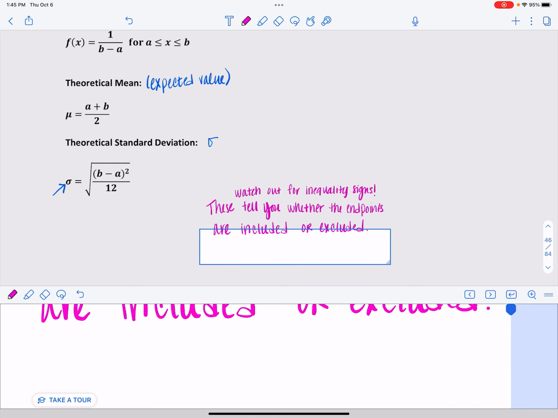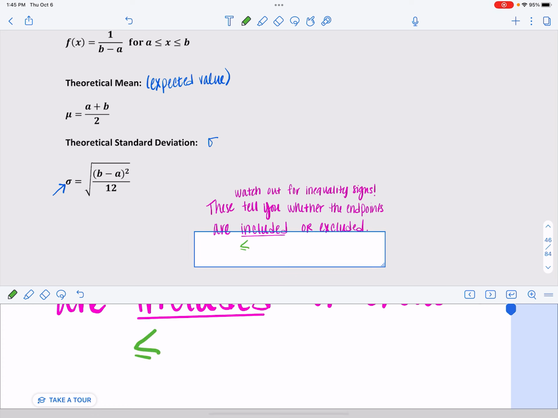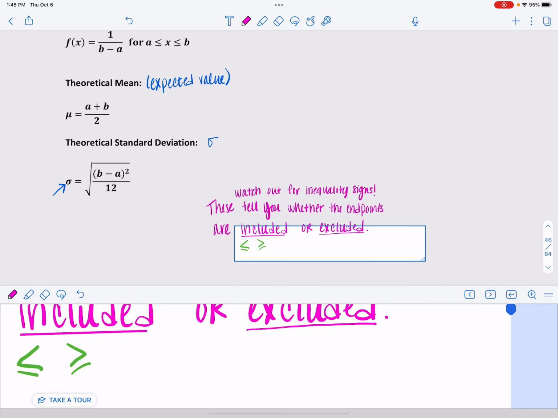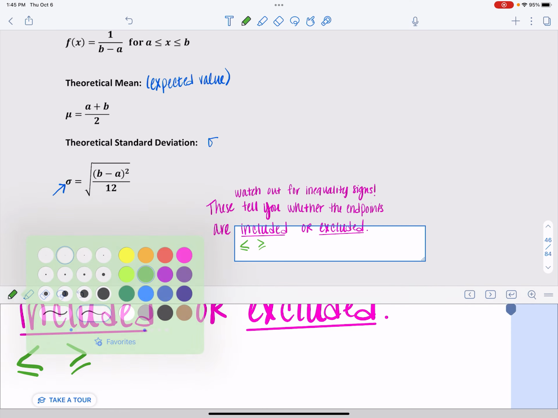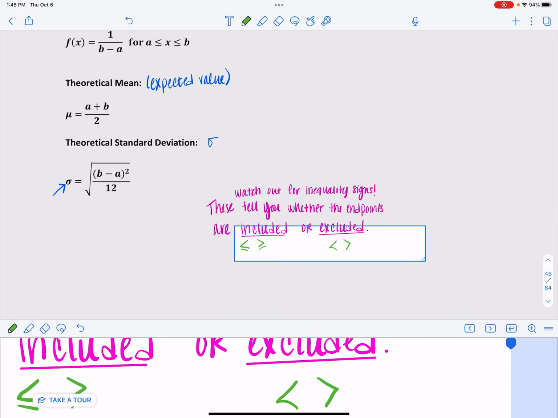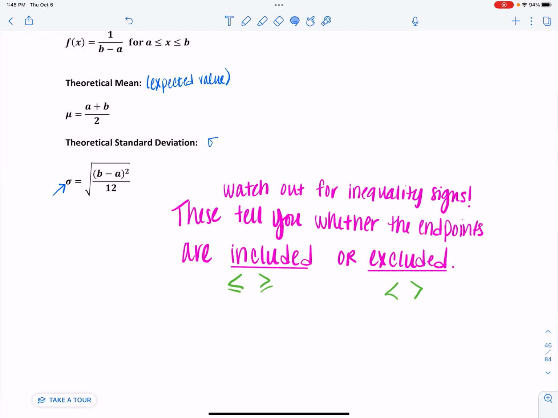If they are included, that means you are going to see a less than or equal to or a greater than or equal to. If they are excluded, that means you will see strictly less than or strictly greater than. So you have to make sure you pay attention to these. They are going to be crucial for your success with these guys.